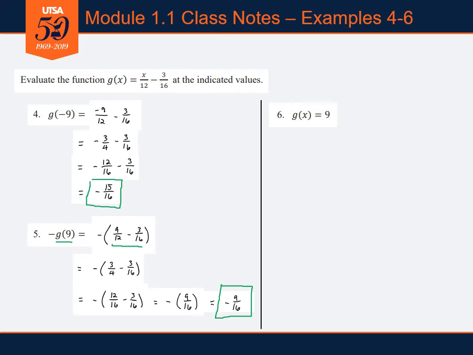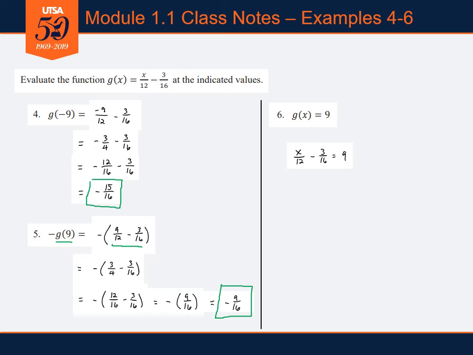Well, we set g of x equal to 9. What is g of x? It's x over 12 minus 3 over 16. So we're setting g of x equal to 9, and we're asking what input value x will give me a result of 9. And this is the math that we need to do, solving this equation and figuring out what x is.